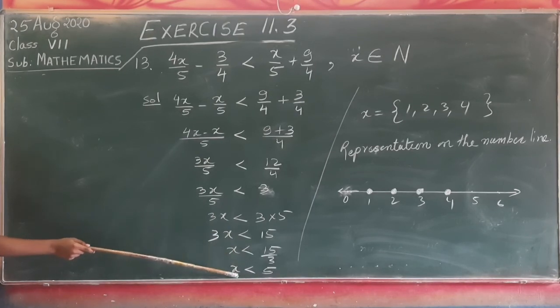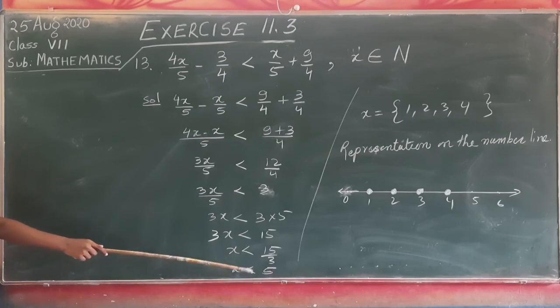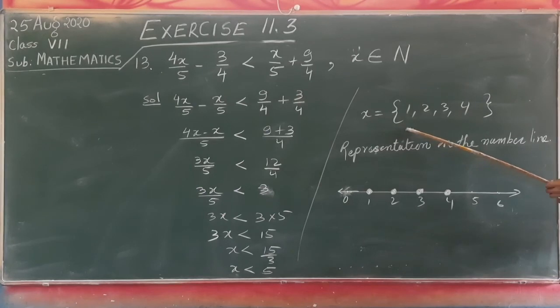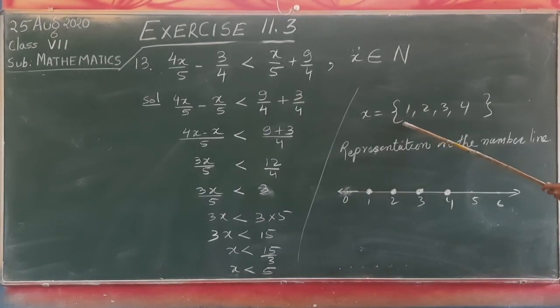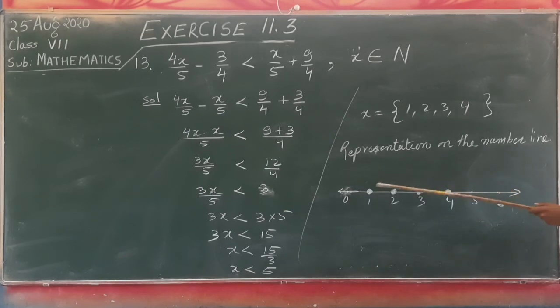And on dividing, we get x is less than 5. So x is equal to 1, 2, 3, 4 is the solution set, and the representation on the number line, we get what? 0, 1, 2, 3, 4, 5, 6. 1, 2, 3, 4 are the required numbers, so darken them on the number line.